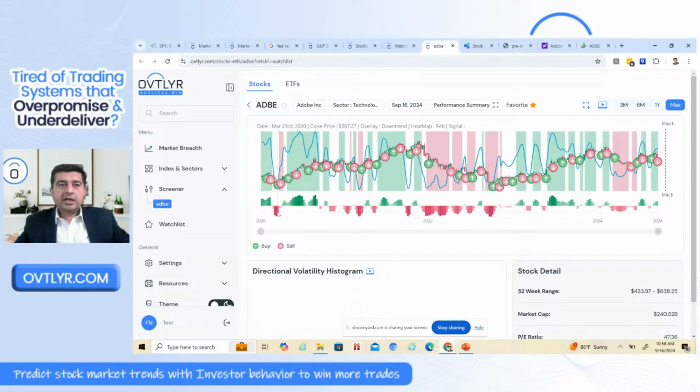Now what you will see is a smaller pullback. It's not going to go like, oh yeah, one day it's $10, next day 20, 30, 40, 50. No, it's never like that.